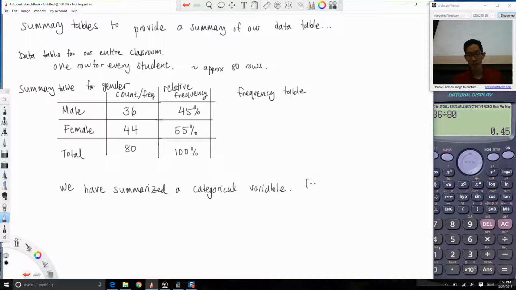Okay, so gender is categorical. So, yes, you have numbers here. This is a count of how many males you have. This is a count of how many females you have, so those are numbers. However, if you think about what is the variable that's being summarized, it's a categorical variable.